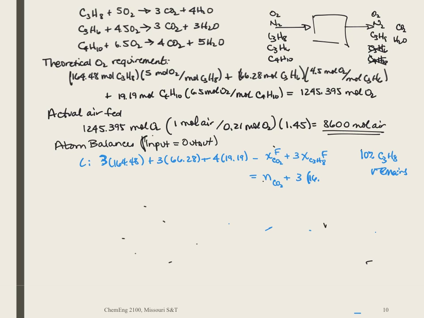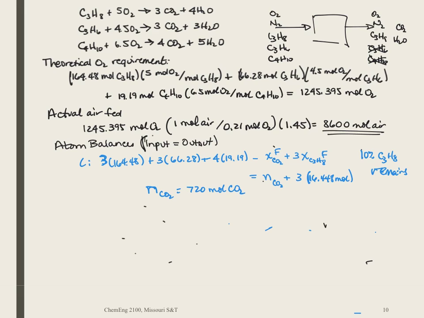That's 16.448 moles that leave. All right, so that's my carbon balance, and I have one unknown here, the number of moles of CO2. And based on that, number of moles of CO2 is going to be 720 moles of CO2 that exit.